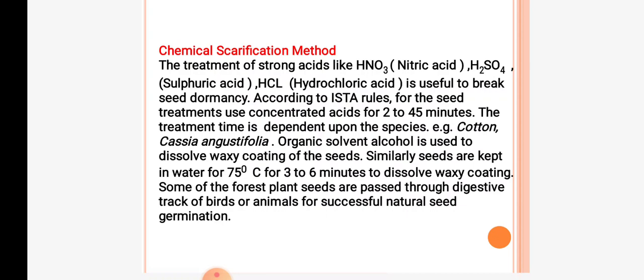Like this, different chemical scarification methods are useful to break seed dormancy, and birds and animals play an important role in natural seed germination.